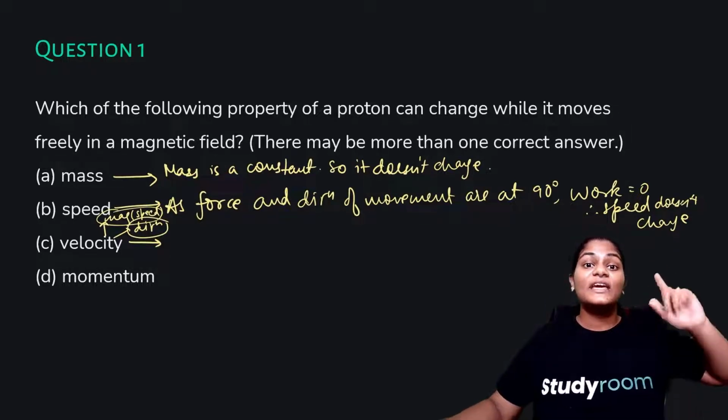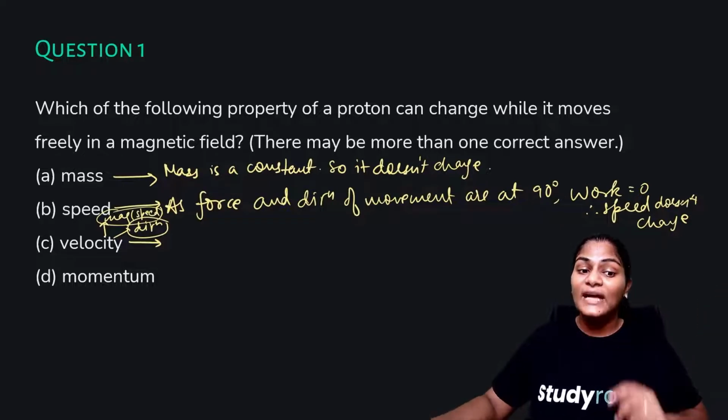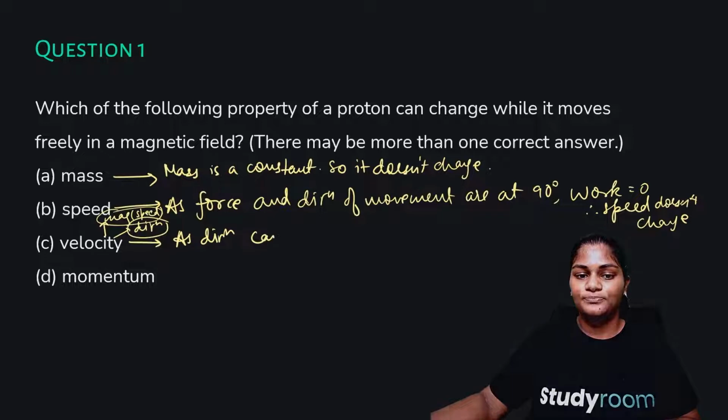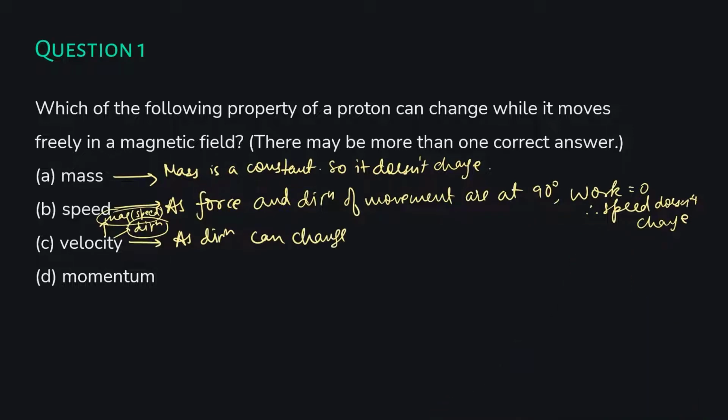So that means even though speed is constant, the direction can change. As direction can change and velocity is dependent on direction, therefore velocity can change. Okay, so velocity is the first thing that we have seen that can actually change.